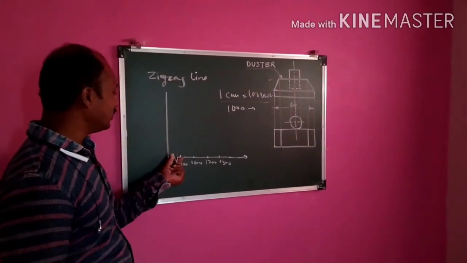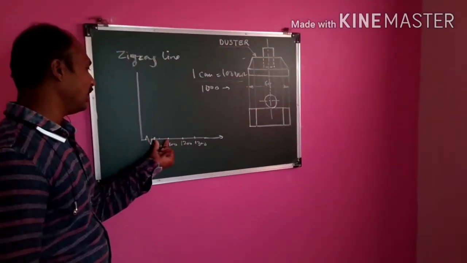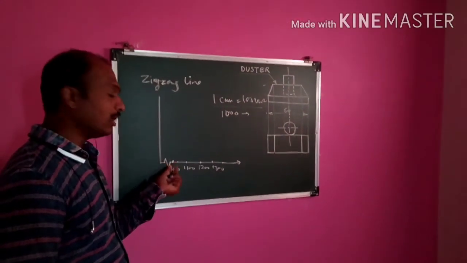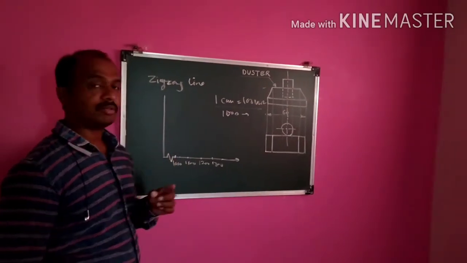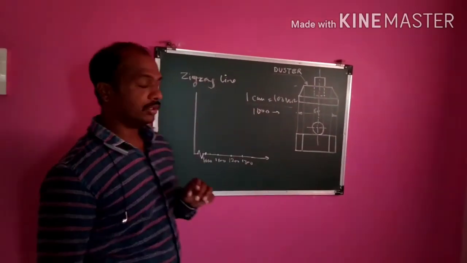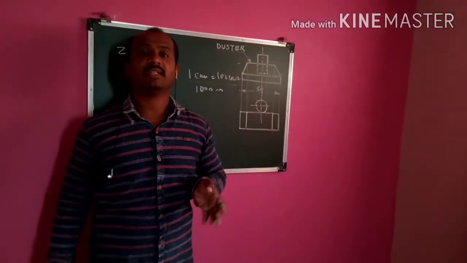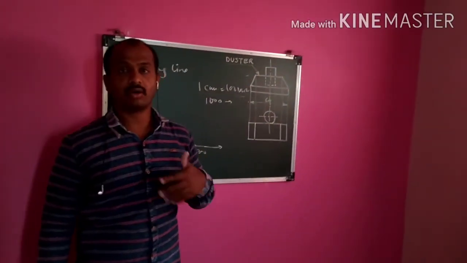This symbol tells us that though 1 centimeter is 100 units in the graph, in the first centimeter, because of this long break line symbol, it becomes 1000 units. So like this we can use this long break line, and these are the various types of lines that we are using to draw any object or any drawing.